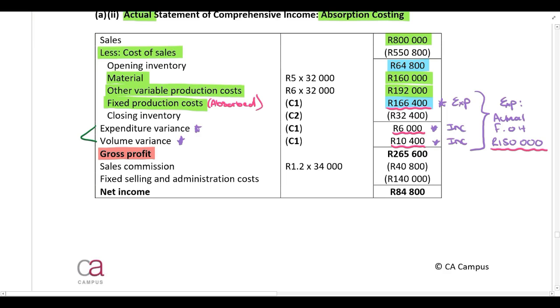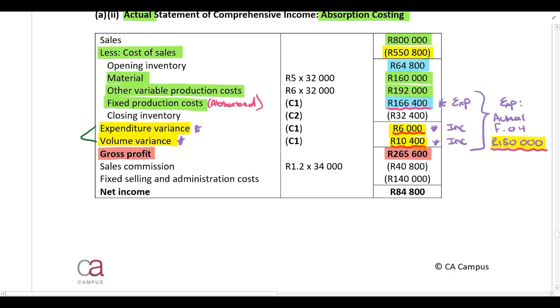In cost of sales, you include your absorbed cost. You use that to calculate your value of closing inventory. And after you've calculated cost of sales, so first you calculate your cost of sales. After calculating cost of sales, you take these variances into account, and then you will see the net effect is you expense the actual cost for the year, and that will give you your gross profit.